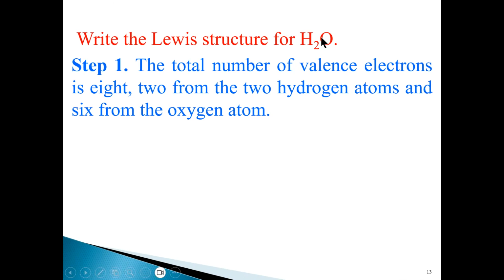So the total number of valence electrons from the hydrogens will be 2. And then in the case of oxygen, which belongs to group 6, the total number of valence electrons will be 6 plus 2, and therefore you're going to end up with 8 valence electrons. So that's the first step. You determine the number of valence electrons by simply going to the periodic table and looking up the group numbers, which gives you the valence electron numbers, and then you add them up.